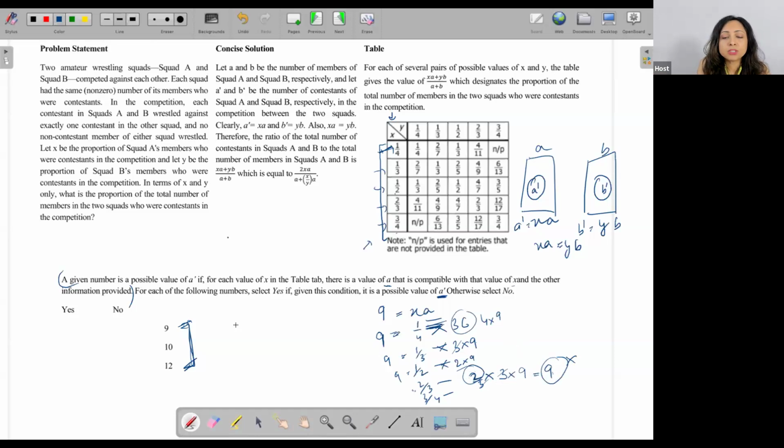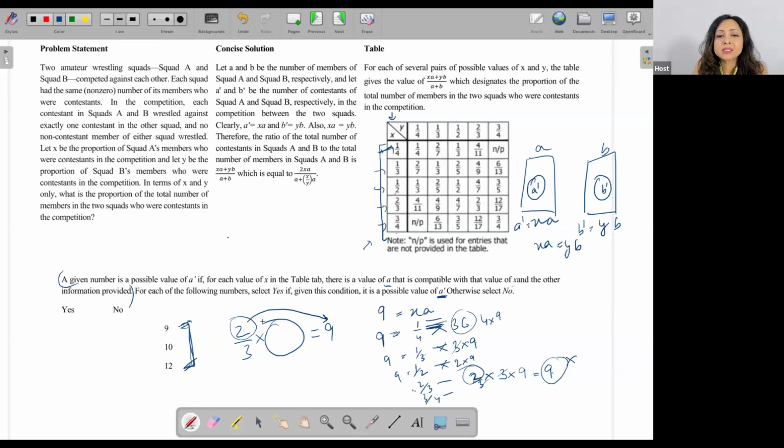When my X's value is 2 by 3, then there is no such integer value of A that will give me a 9, because I have a 2 in the numerator. Whatever I multiply this with, I have to retain that 2 over here, right? This 2 doesn't get cancelled off anywhere. Then this 2 has to come as it is over here, but 9 doesn't have this 2.